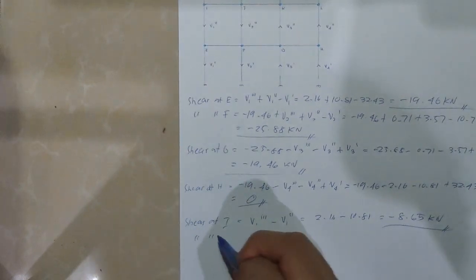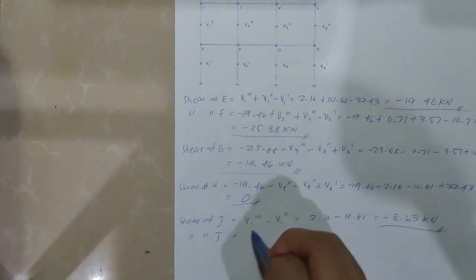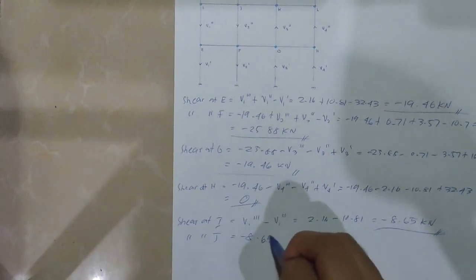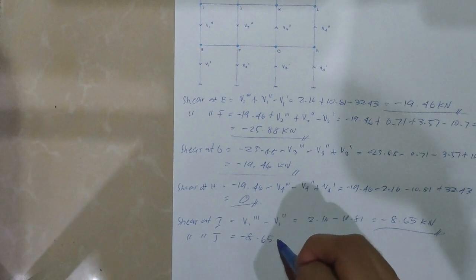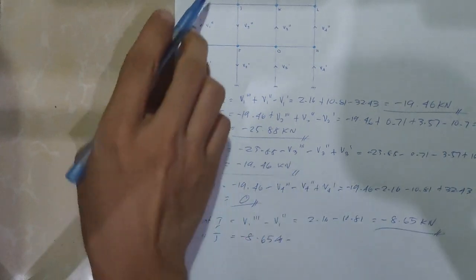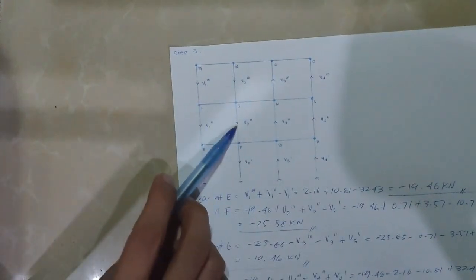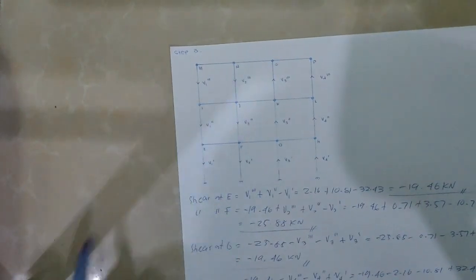So the shear at J. Copy, same process: going away, then going towards.